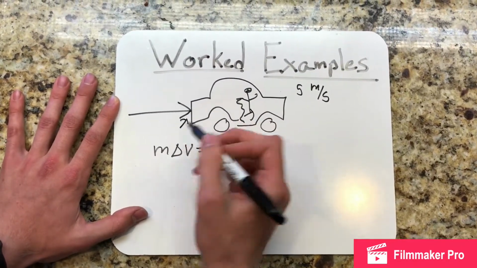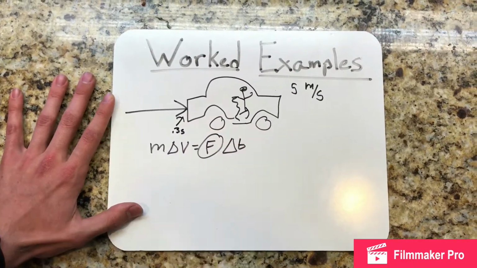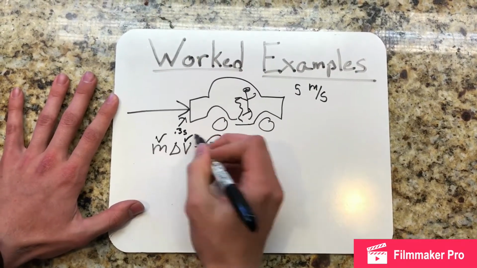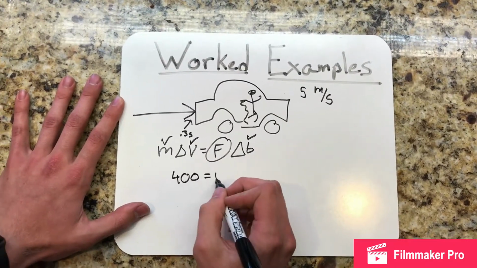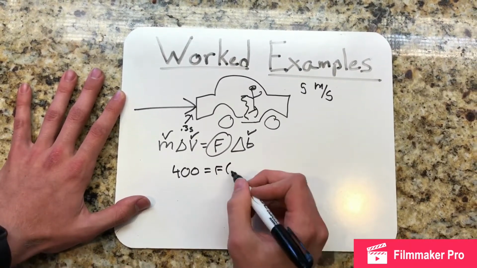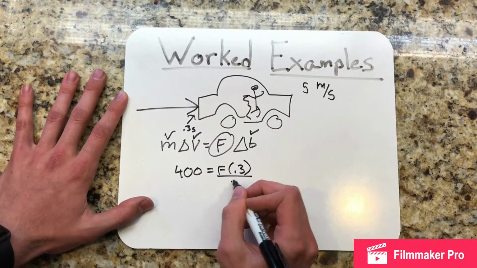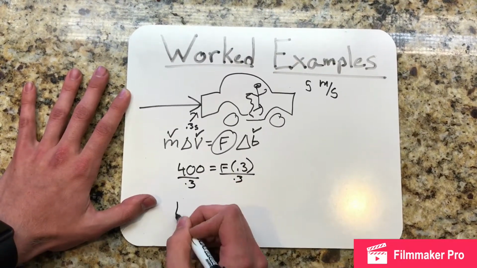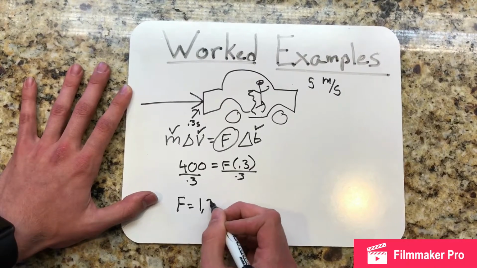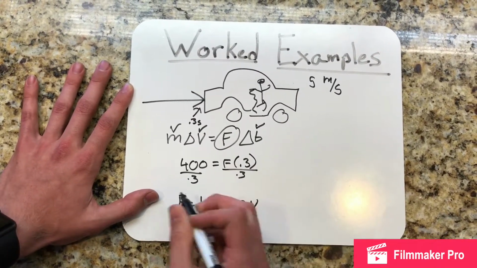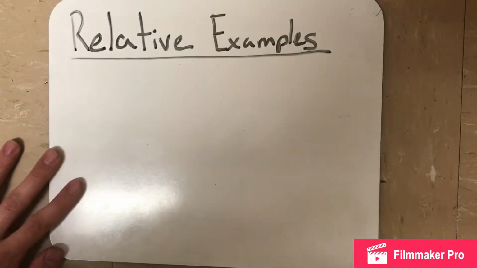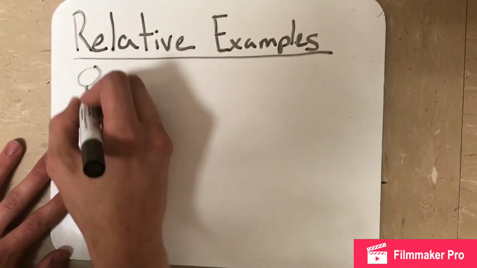This change in t was given to us. It is 0.3 seconds. So we have 400 equals the force times 0.3. If you divide 0.3 from both sides, you get your force, which equals 1,333.33 newtons.